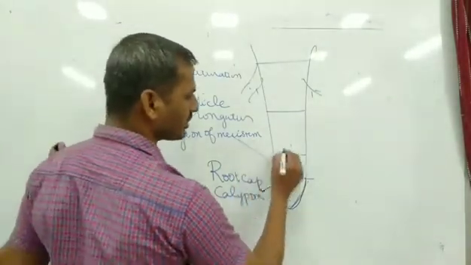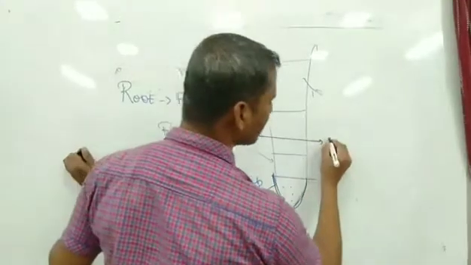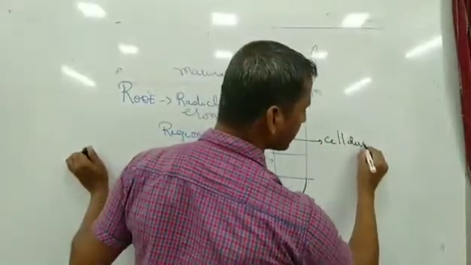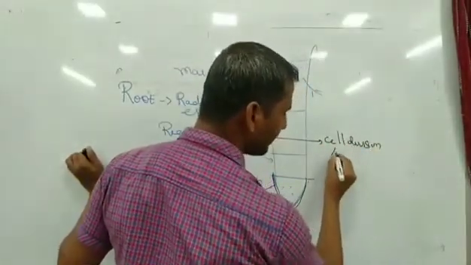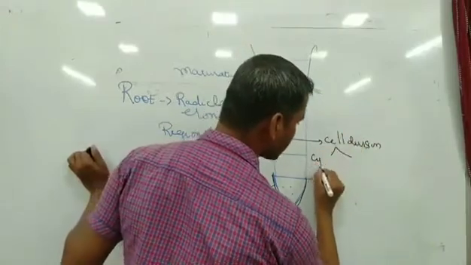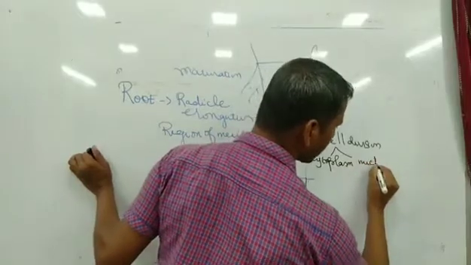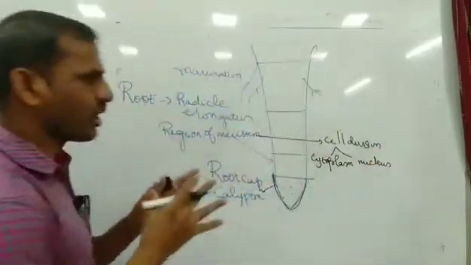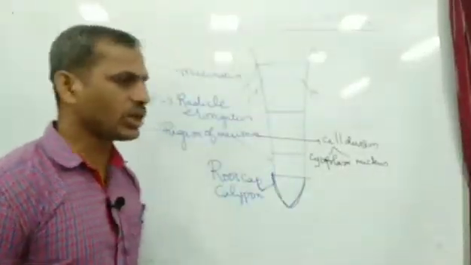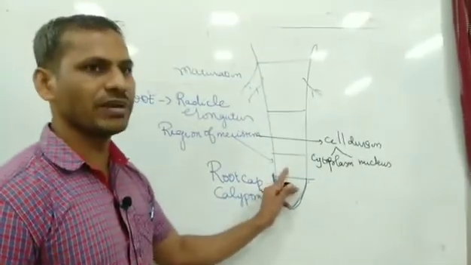Region of meristem is the region where cell division keeps on occurring. For cell division they need two main things: cytoplasm and nucleus. A rich amount of cytoplasm and nucleus is present in the meristematic region.